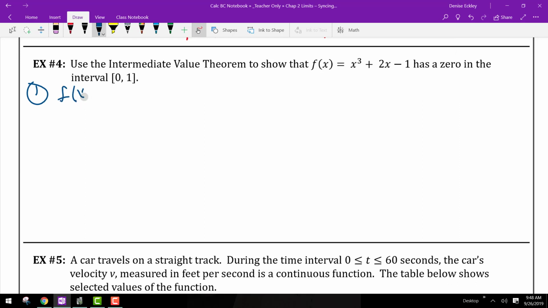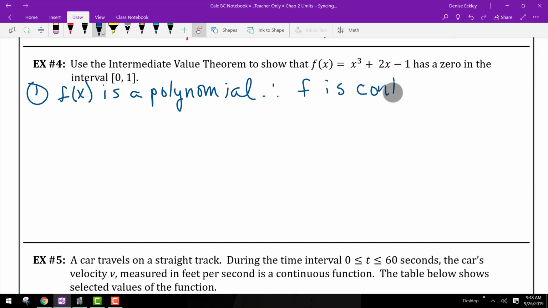So f of x is a polynomial again. Therefore, f is continuous on 0 to 1, because we have a cubic function here.